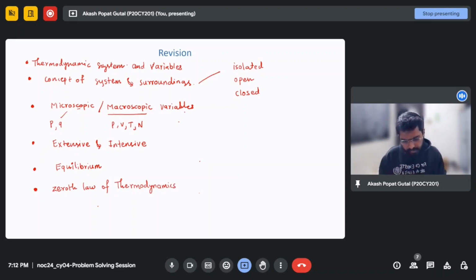The zeroth law gives us the idea of temperature: suppose bodies A and B are both in thermal equilibrium with body C, then bodies A and B are also in thermal equilibrium with each other.